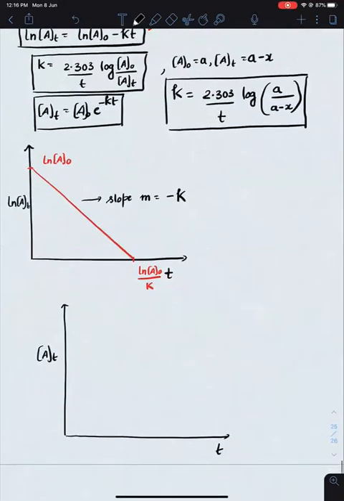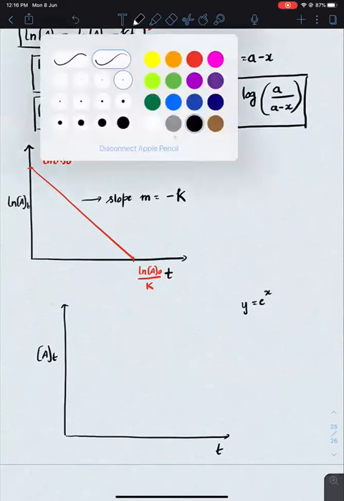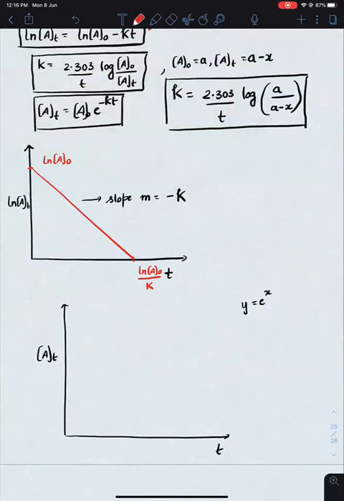At versus t के लिए expression क्या है? At is equal to A naught into e power minus kt. What is the graph for y equal to e power x? पता है आप लोग को? Okay, पता नहीं, बाद में देखते हैं.